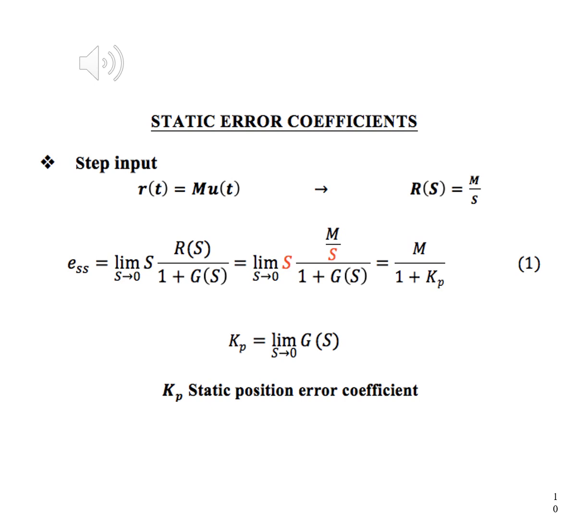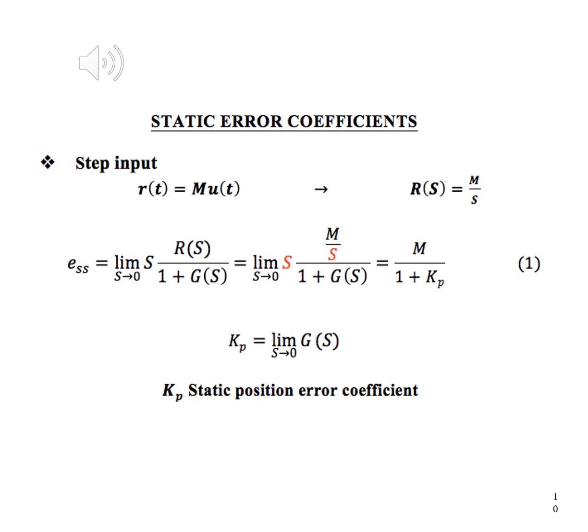So the steady state error, if you have a step input of magnitude m, is equal to m over 1 plus Kp, where Kp equals the limit when s tends to 0 of the loop, which is G of s.